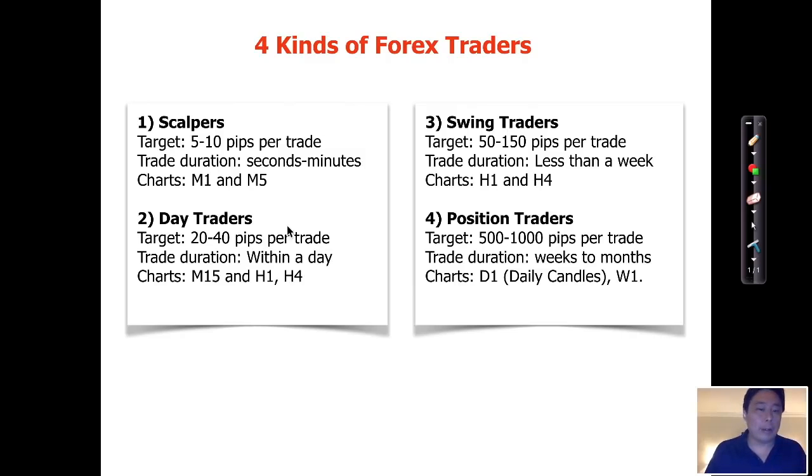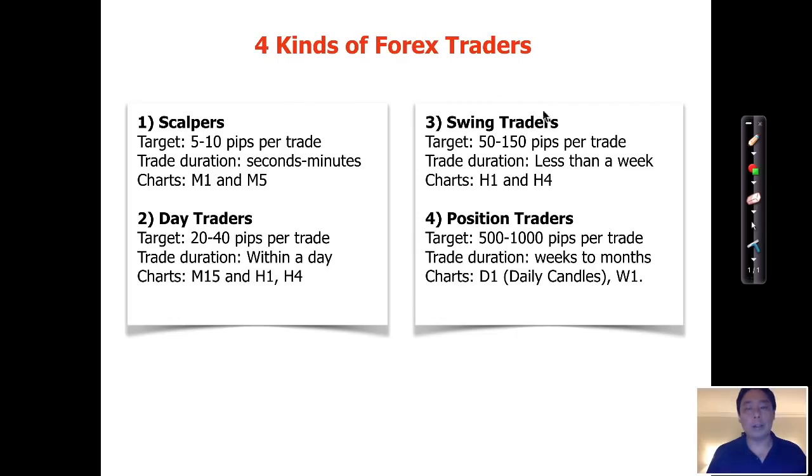Next, you've got day traders. Day traders, as the name implies, buy and sell within the day. The trade rarely passes over to the next day. By the end of the day, they close the trade. So normally, day traders would do a couple of trades a day, maybe 2-3 trades a day.